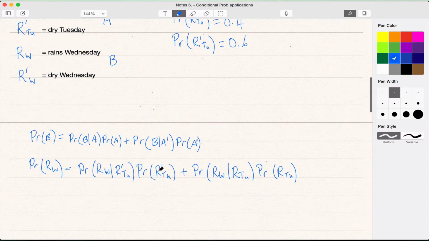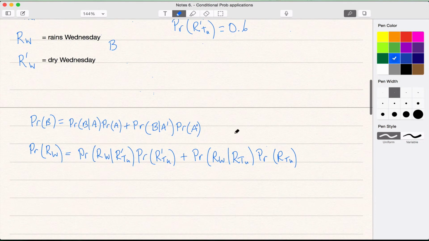Now I've just realised I've put these back to front a little bit. So that one is this one with the dashes, and this section here is this one.